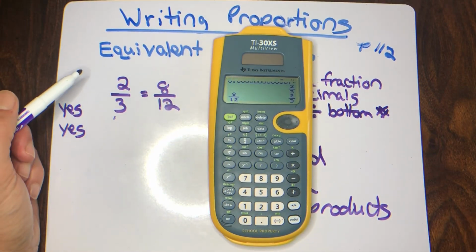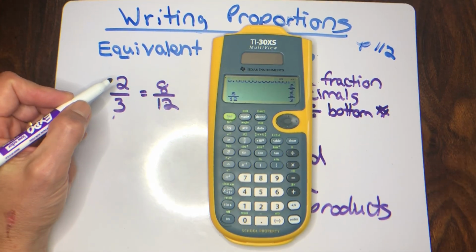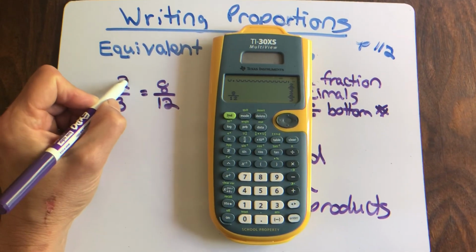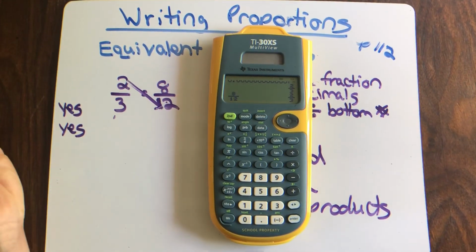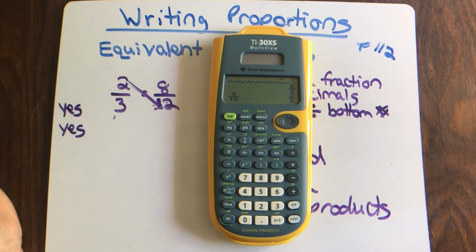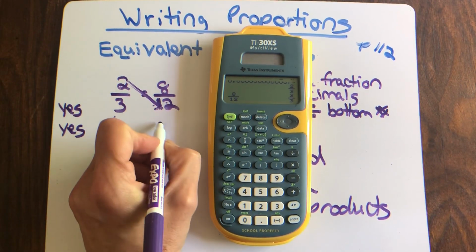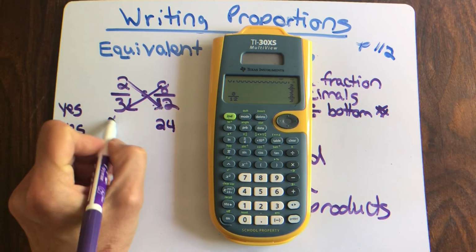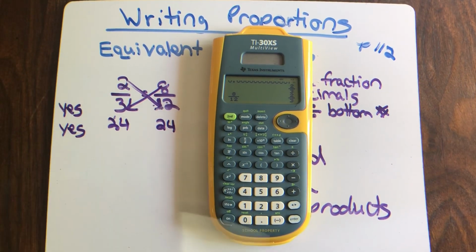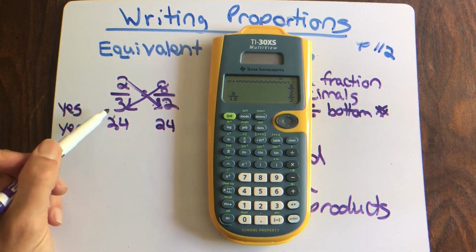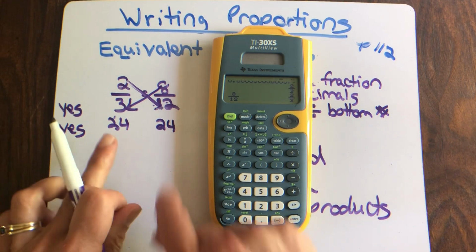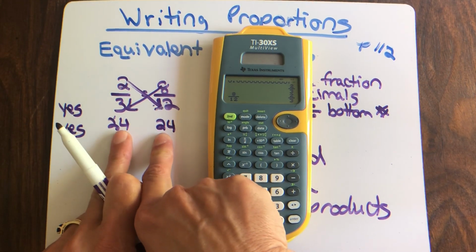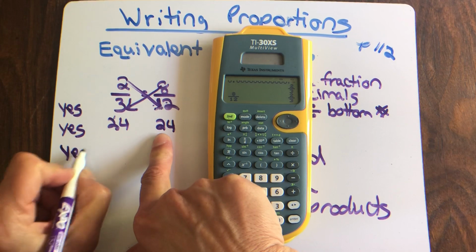For cross products, you just connect, and I ask you to go ahead and draw the arrow. So 2 times 12, put that on the calculator if you don't know it, 24. 8 times 3, 24. I'm not doing which one is bigger, because it does matter which way you multiply. I'm just asking you if they're equal. Did you get the same number? Yes, so they are the same.